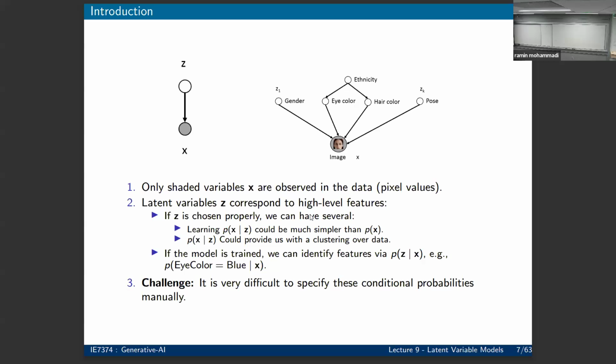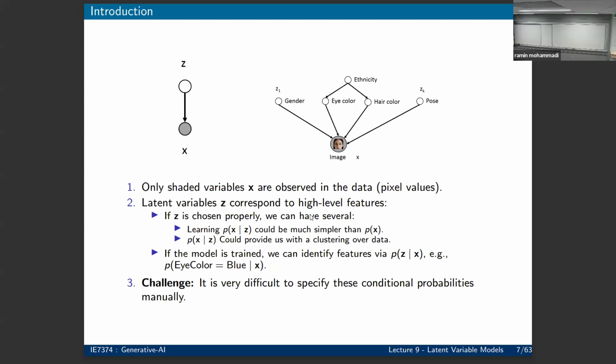Now, the idea here is that this Z, these latent variables, need to be chosen, or technically learned. But it's important that if you do a good job at finding Z, then you can find this conditional P of X given Z. Because if I know the latents and I learned them really well, then I could answer a question like: what's the chance this image is a person from this region given these latent features?